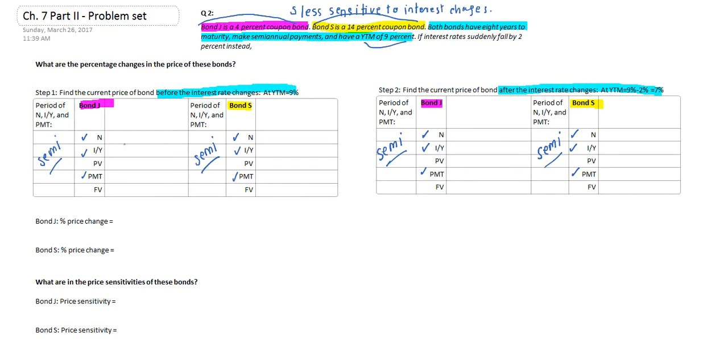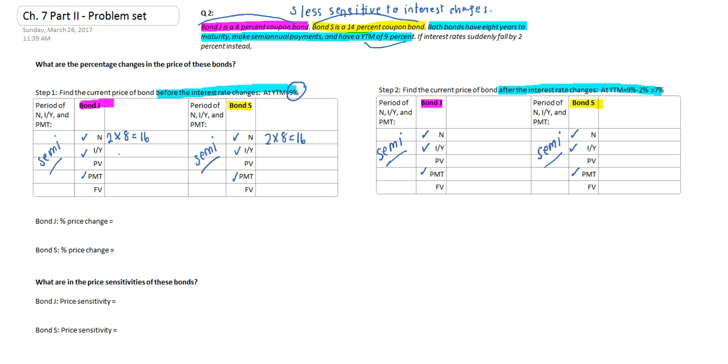Okay, so let's start with bond J under the current circumstance when the interest rate is 9%. Both bonds have 8 years to maturity, so if we work with semi-annual payments, N will be 2 times 8, which is 16, for both of them.